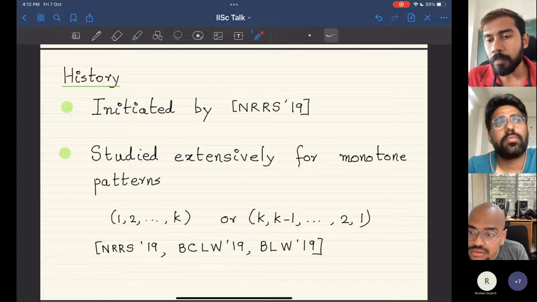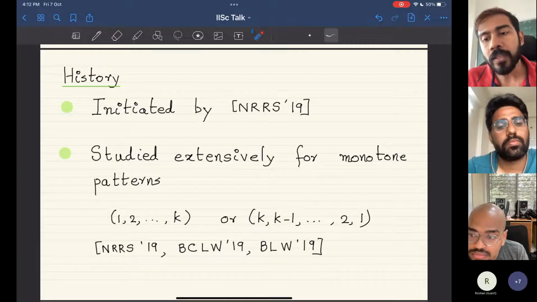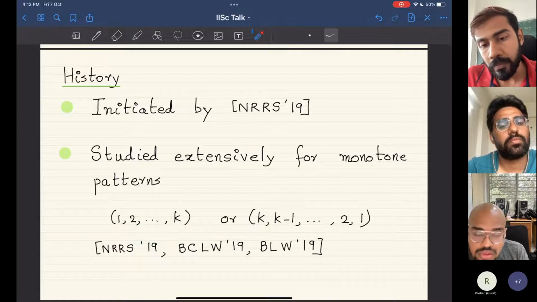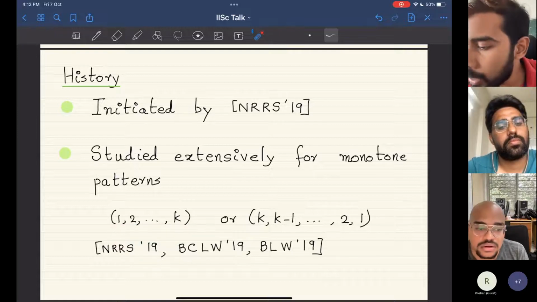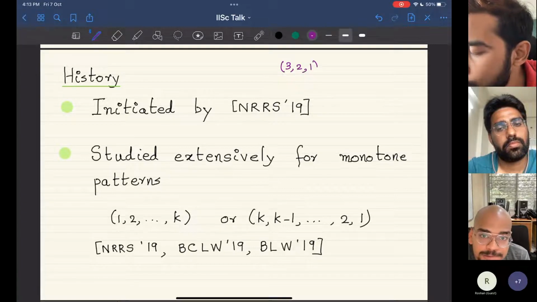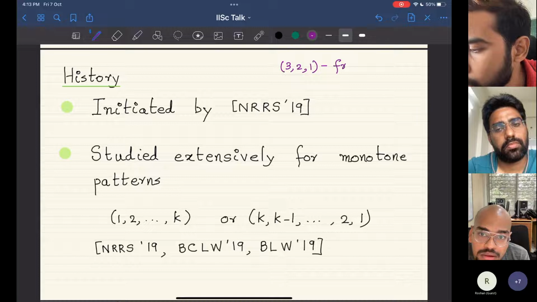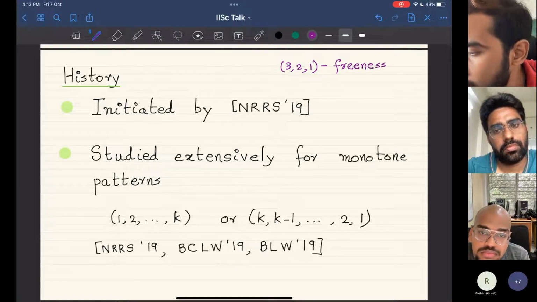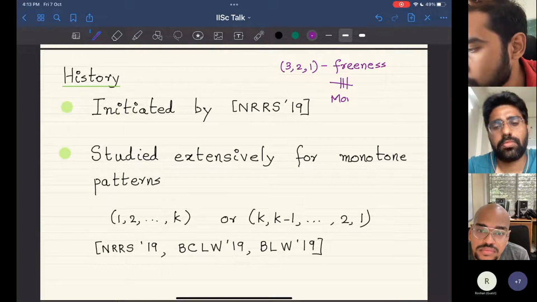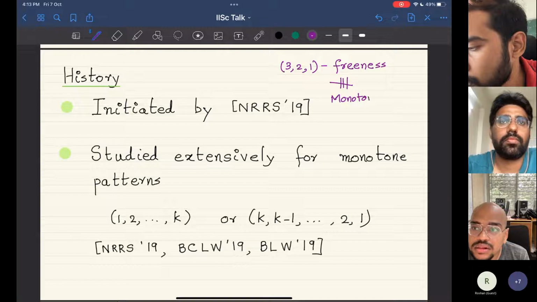And most of the follow-up works concentrated on monotone patterns. See, for example, checking for 3-2-1 freeness is not identical to checking for monotonicity, or sortedness, right?